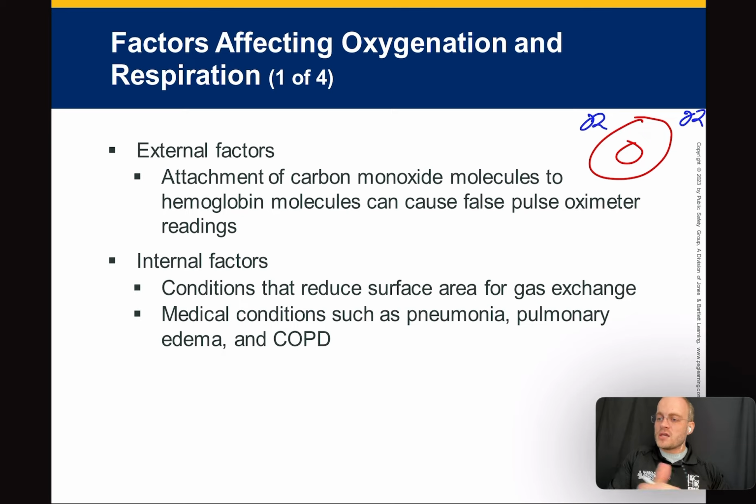What does that mean? When you have CO floating in the blood, it will bind to that same hemoglobin molecule 240 times stronger than oxygen. So hemoglobin really likes to find CO, pick it up, and hold on to it. It has what's called a very high affinity for it, so they bind really tightly.